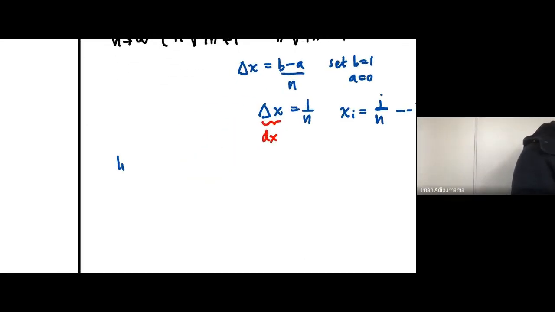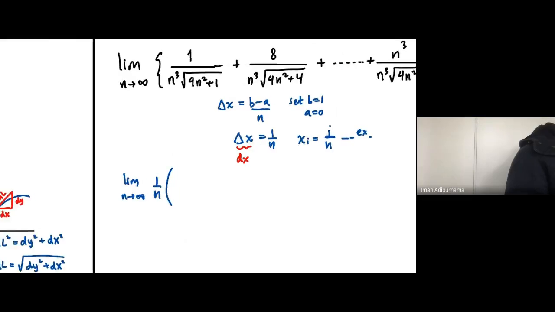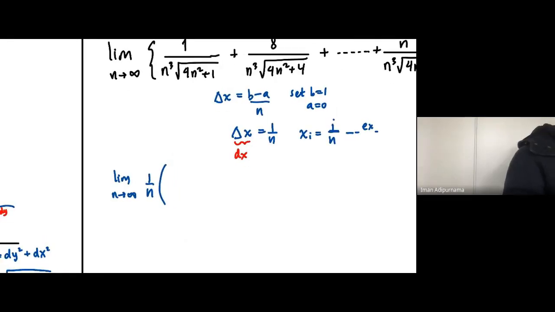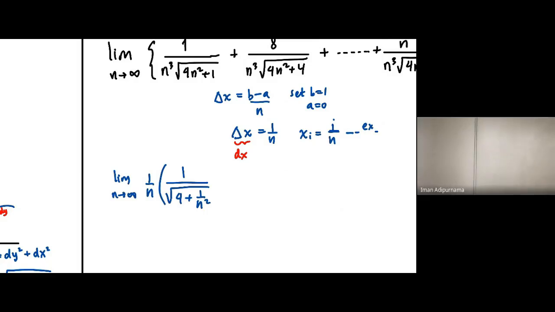Okay. So let me write the limit, and this will be 1 over n. Let me write the square root first. So 1 over square root of 4 plus 1 over n squared. Okay, because I'm factorizing the n squared outside, it becomes 1 over n. Okay.